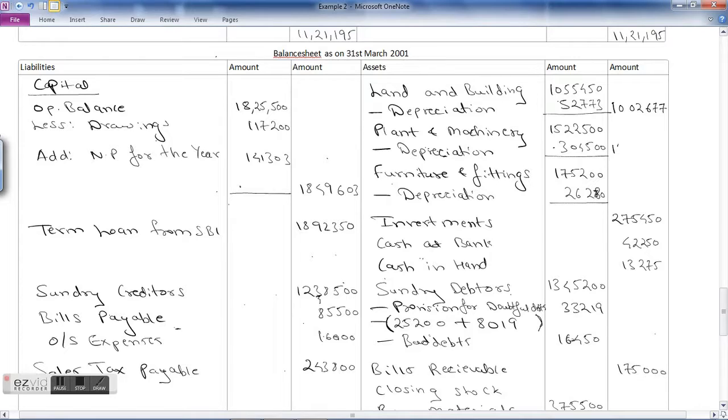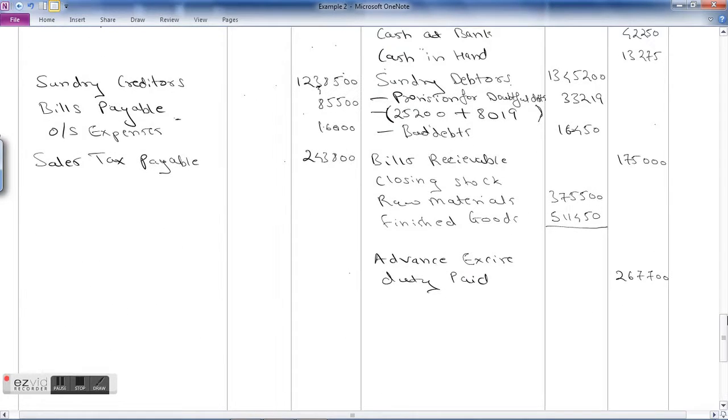Then plant and machinery 18,000. Then furniture and fixtures 1,48,920. Then debtors. So debtors comes to 12,95,531. And then the closing stock comes to 8,86,950.